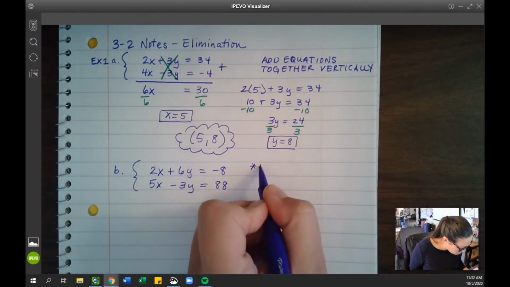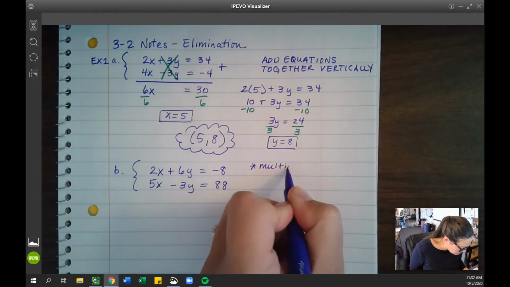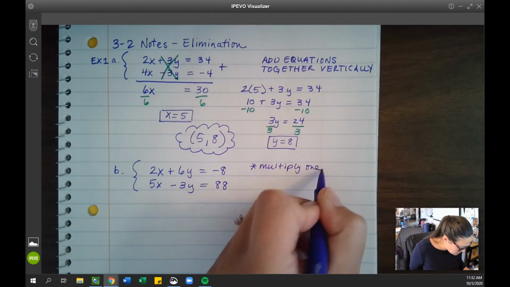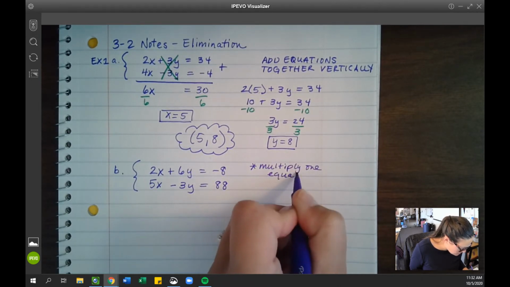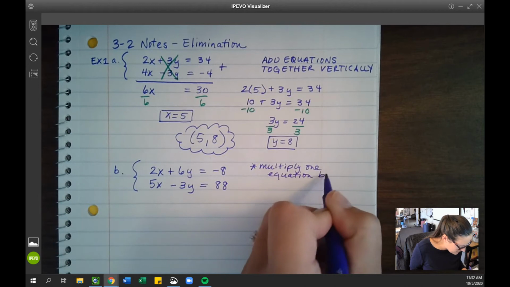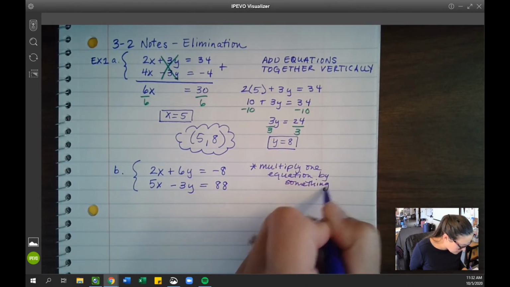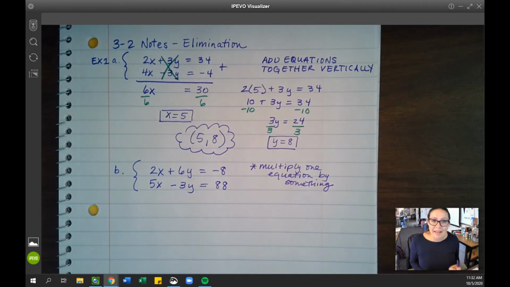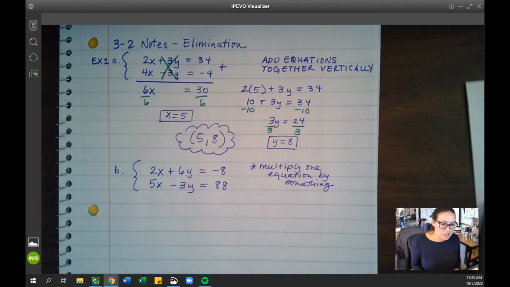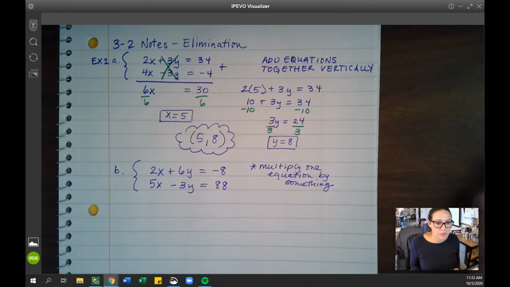First, you have to multiply one equation by something. And that something is going to change depending on what the numbers look like. So I want you to look at these two equations, and I want you to imagine that we're going to multiply one of the equations by a number, so that way one of the variables could eliminate.